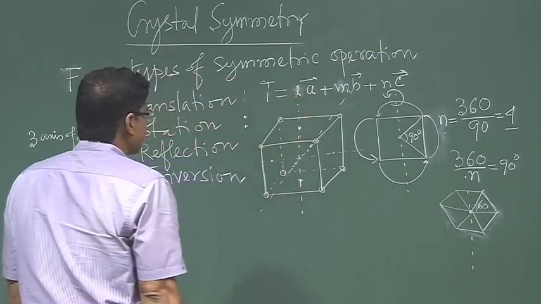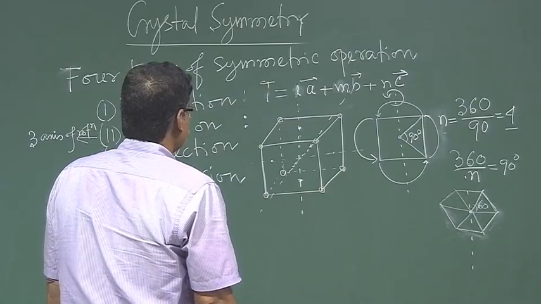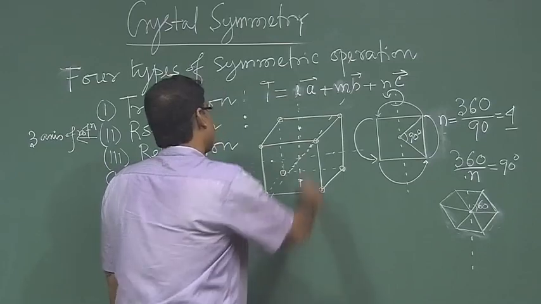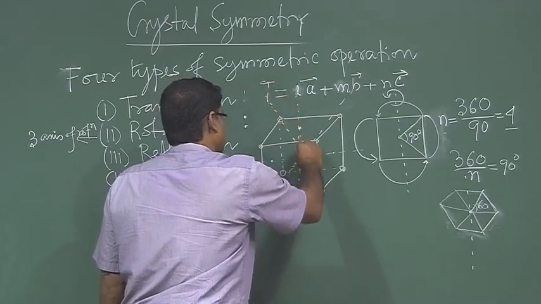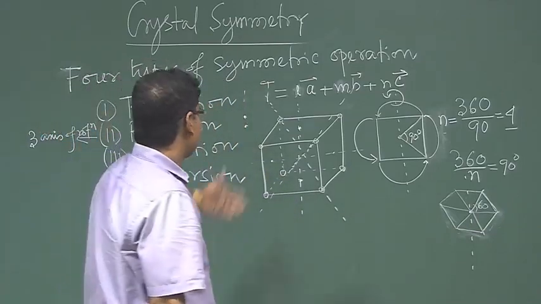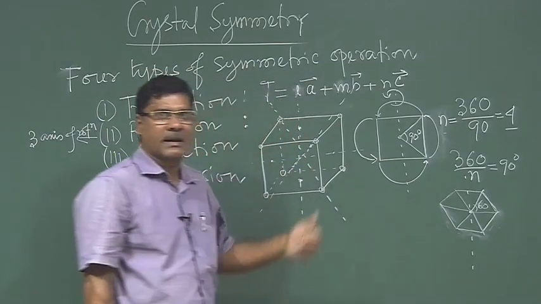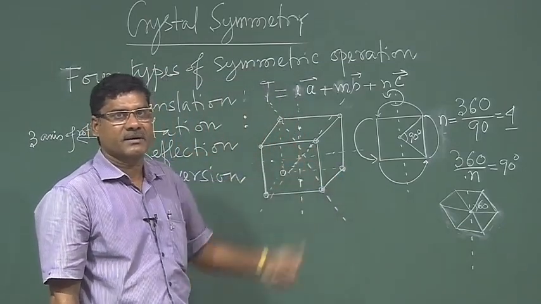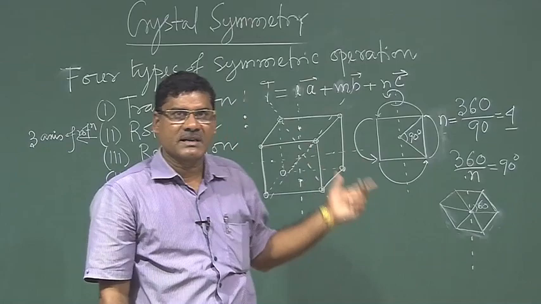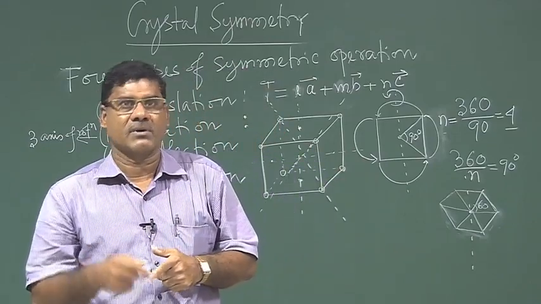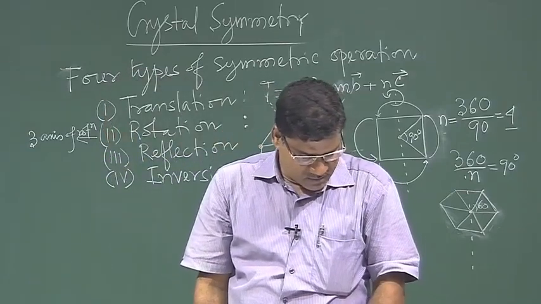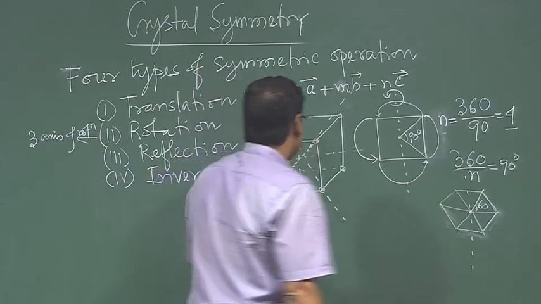So, other axes are also possible. Say, if I take the axis with respect to the body diagonal, it will also have rotational symmetry. So, with respect to this axis, if you rotate, one can see that after 120-degree rotation, it will come to the original configuration.